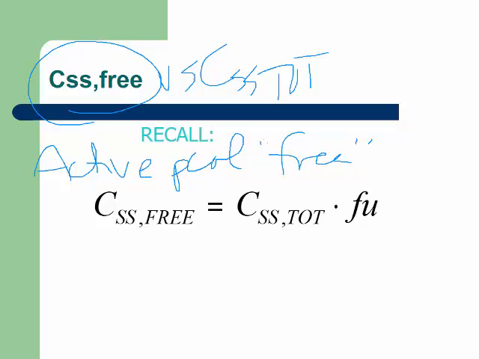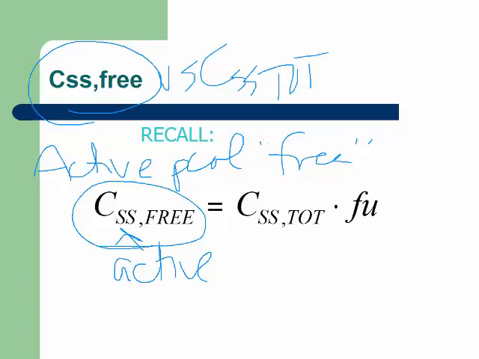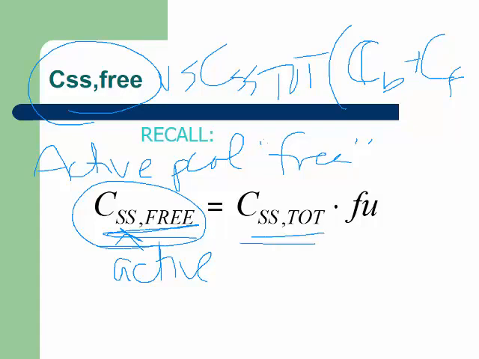So this is our actually active concentration. So our active drug at steady state is our CSS free. It's not our CSS total. Our CSS total is bound plus free, right? Our free concentration plus our bound concentration. In order to get our free concentration, we can take our total concentration and multiply it times our free fraction. Remember, fraction unbound is a fraction.